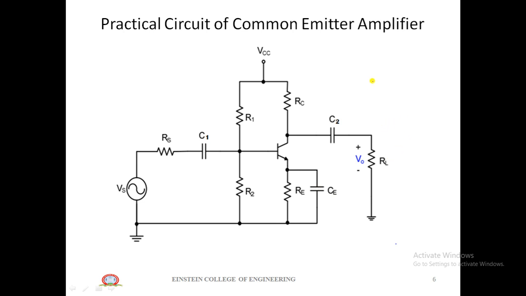Here we know the output characteristics of common emitter amplifier. So it will be like this. This is the output characteristic curve.